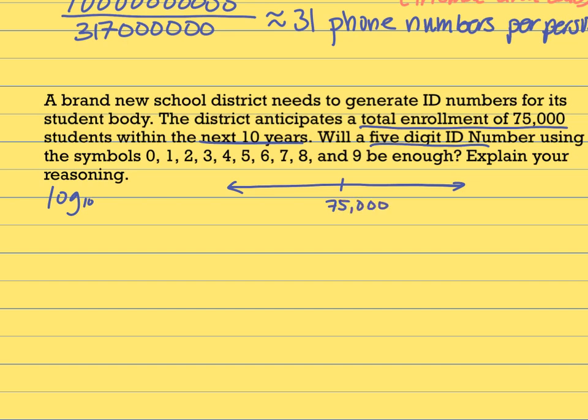Well, a number that is above 75,000 that has a base of 10 is 100,000. And we say that has a base of 10 because it has only ones and zeros in it. Well, the closest number below 75,000 that has a base of 10 is 10,000.